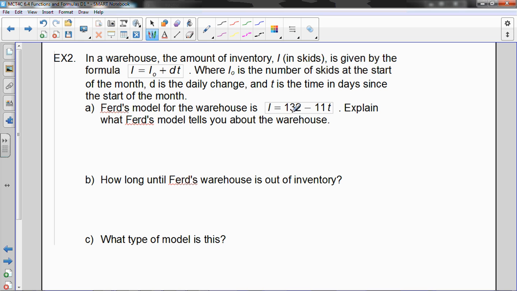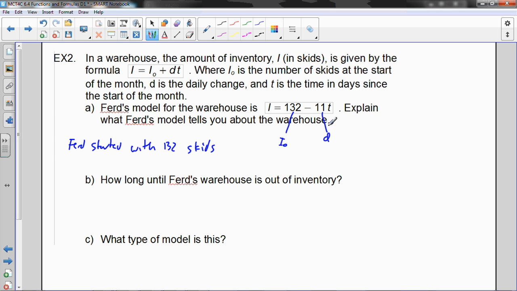Well, notice that that's in the spot of I 0. That's in the spot of D. So what story is this telling? Well, it means the initial inventory, the number of skids at the start, Ferd started with 132 skids.